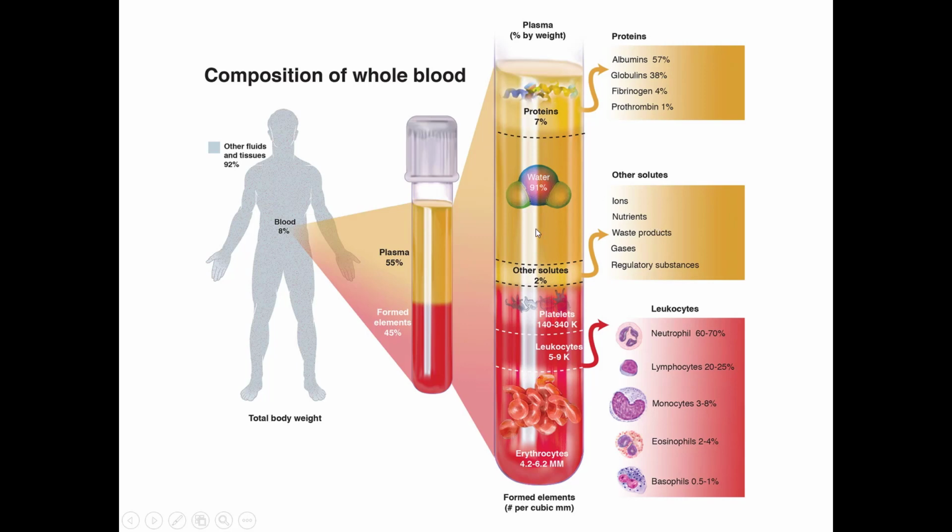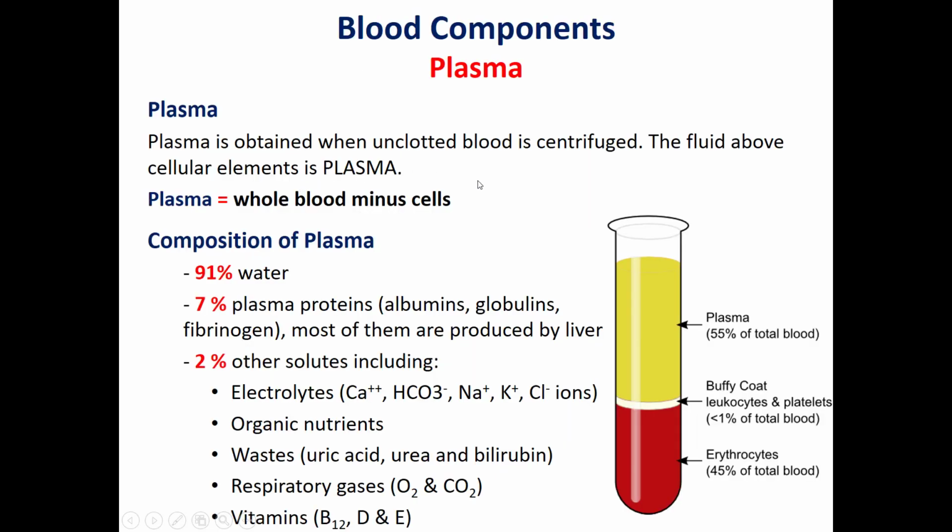We have a blood gas analyzer to study the gases inside this plasma. We have an electrolyte analyzer to study the ionic constituents of the plasma or the serum. We have different types, and we will talk about them in the later lectures or later chapters.